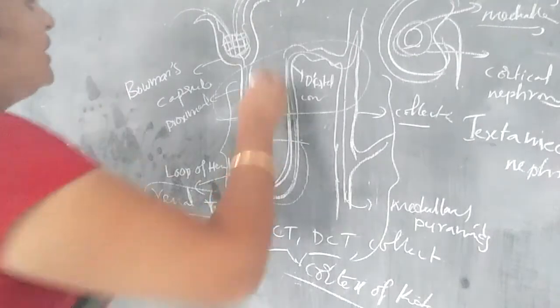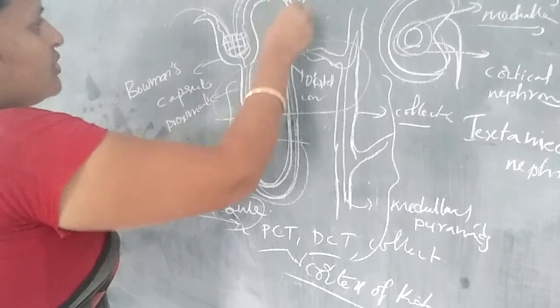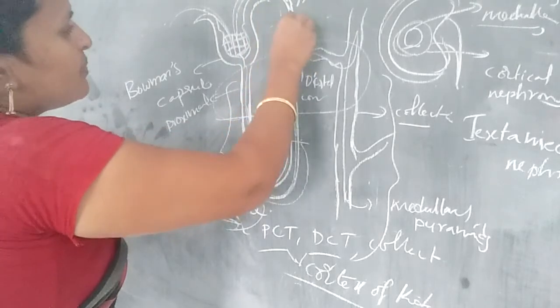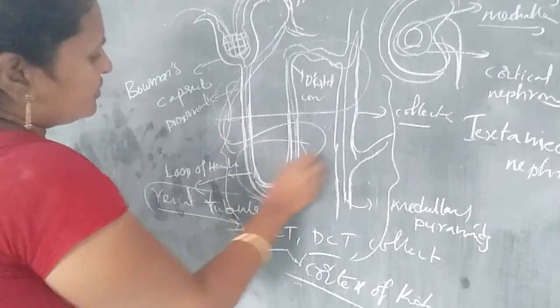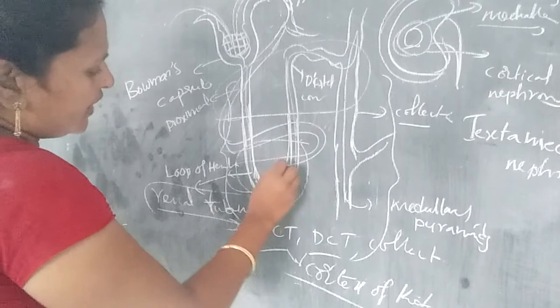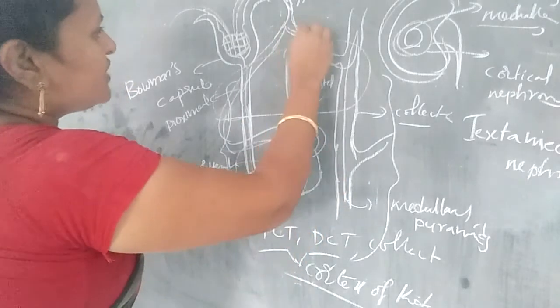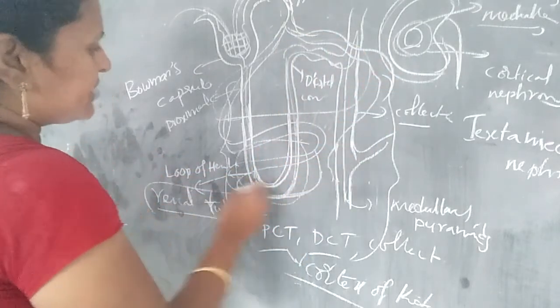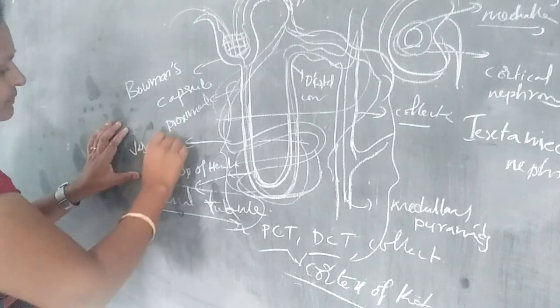And this is the efferent arteriole. It divides into a number of fine branches and forms a network of vessels. These fine branches surround the loop of Henle and are called the vasa recta. So this is the vasa recta.